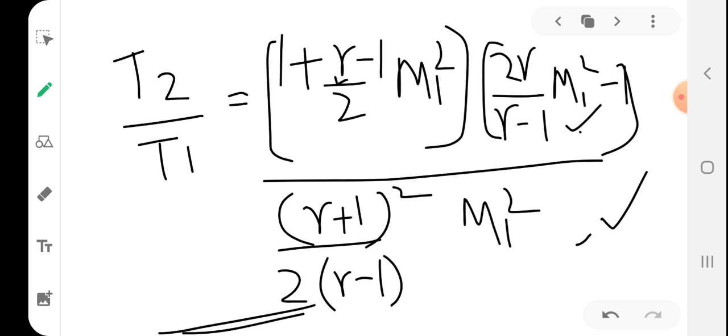So you don't need to apply this equation itself. Hope you are understanding what I am trying to convey to you. If you have any doubts, just contact me. Don't hesitate. So this is the equation for temperature ratio. Similar to pressure ratio, it is a function of Mach number and gamma alone.